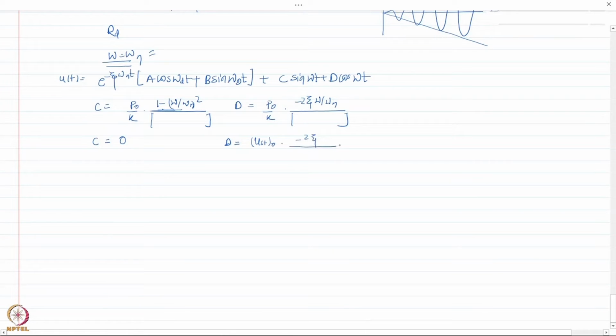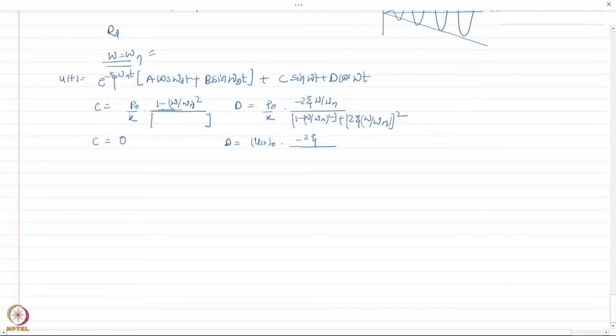In the denominator, remember we had this term here, let me write it here as well so that there is no confusion: 1 minus omega by omega n square, whole square, plus 2 zeta omega by omega n, whole square.